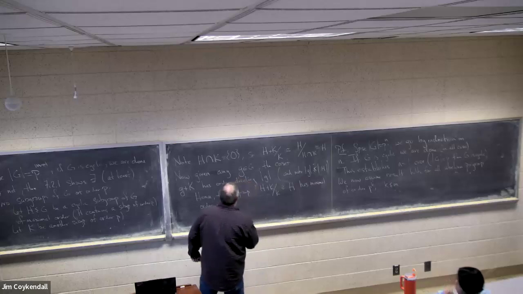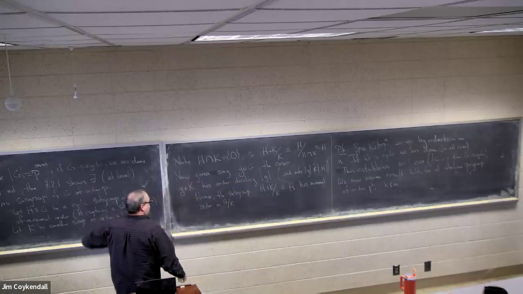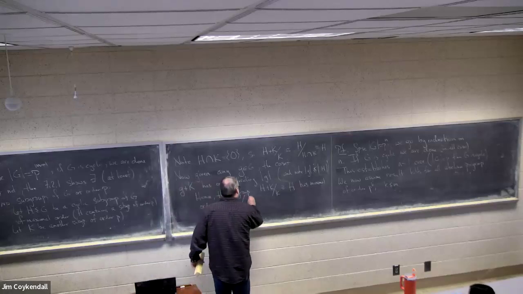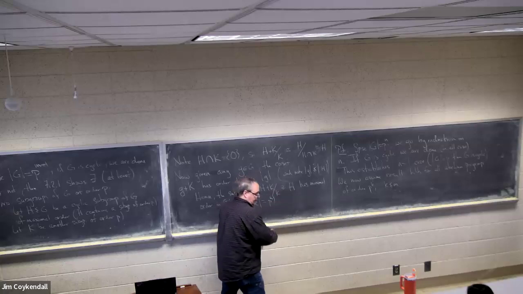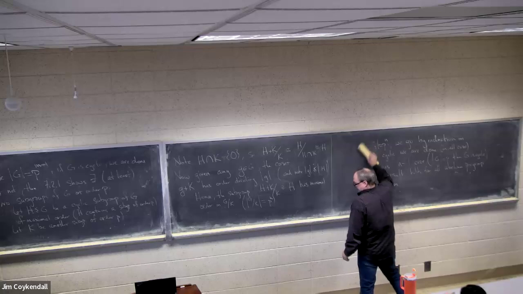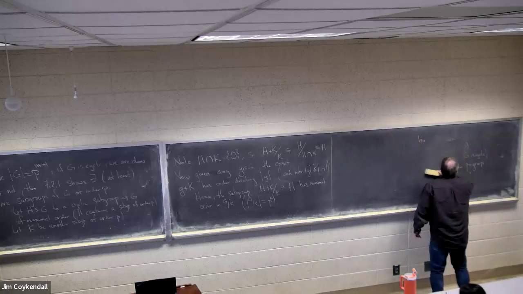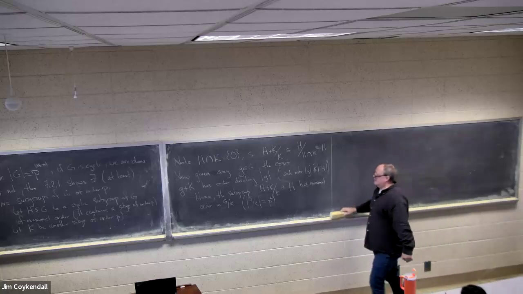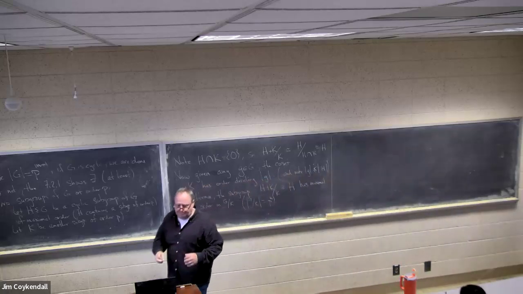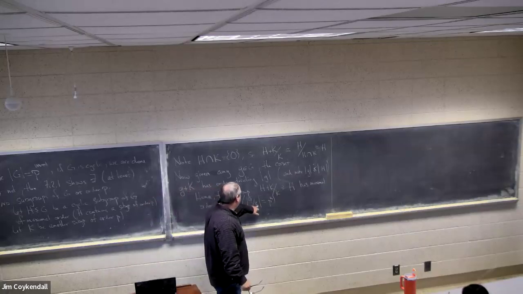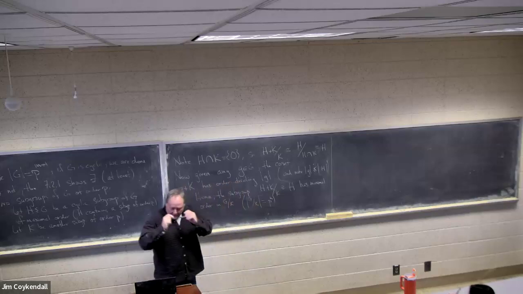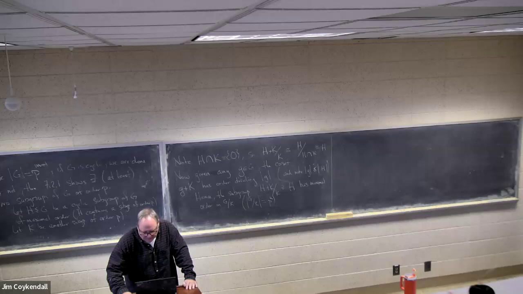Because notice, the order of G was P to the N plus 1, and the order of the subgroup K is P, so the quotient G mod K has order P to the N. Okay, so what does the inductive hypothesis allow us to do?